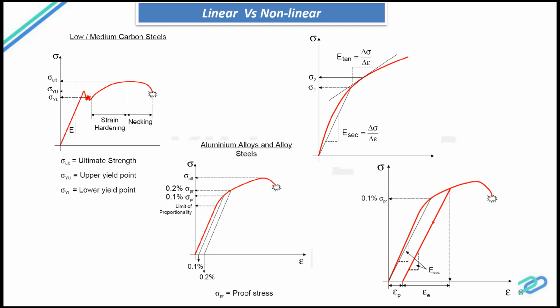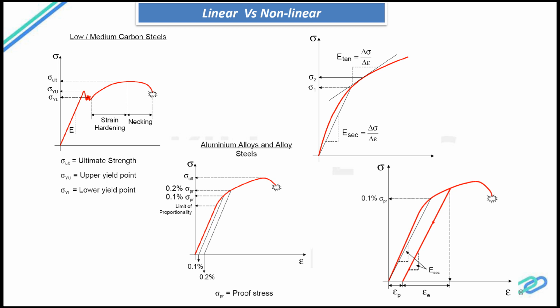And then the first point, the 0.1 proof stress, is called the upper yield point, and the 0.2 is considered as the lower yield point, which aluminum alloys don't clearly exhibit, whereas the upper yield point and the lower yield point are clearly exhibited by the low and medium carbon steels. Over here it doesn't exhibit anything.